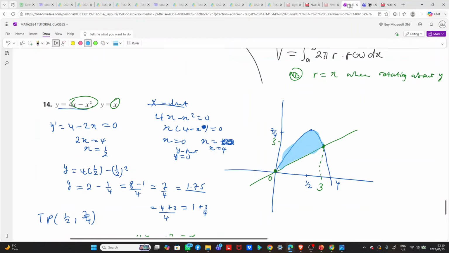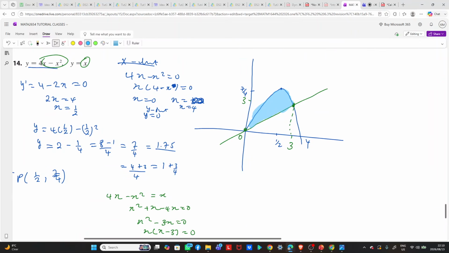So if we are rotating about the y-axis, we need our volume to be in terms of variable x. So we'll say that the volume is defined by the integral from a to b of 2 pi r f of x dx.